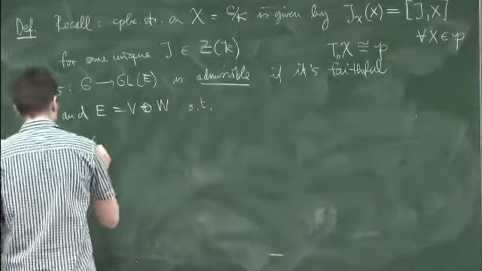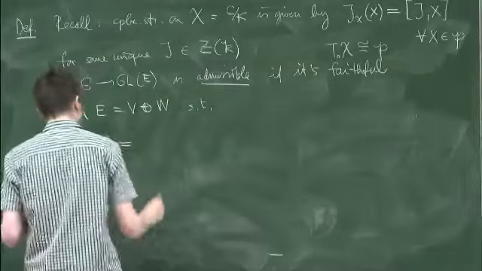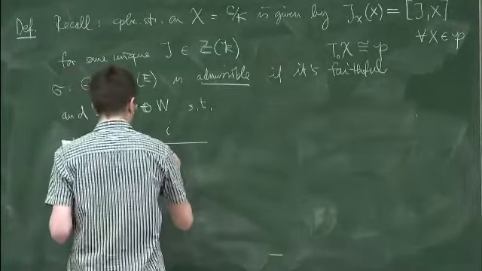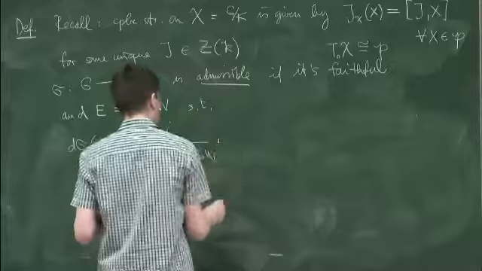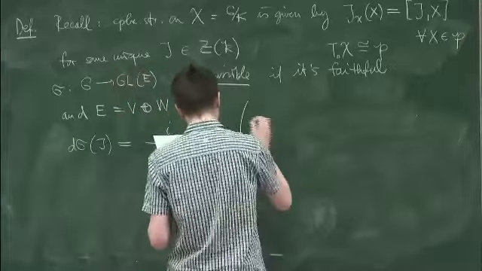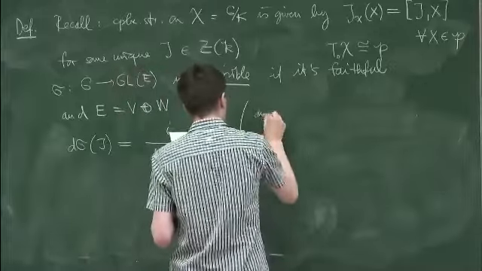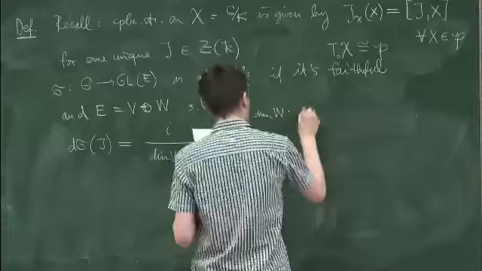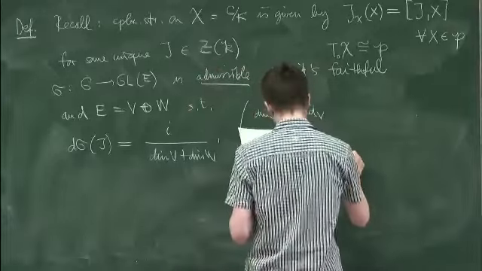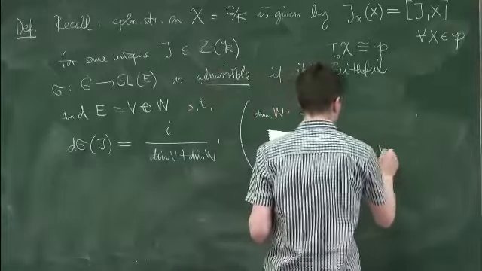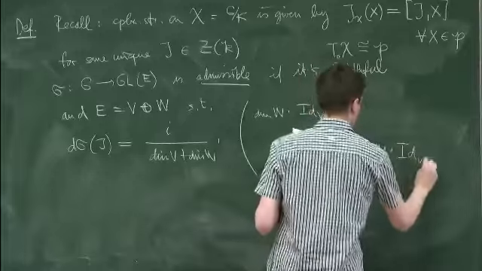The sigma of J is i over the dimension of V plus dimension of W times, in matrix notation, dim W times identity matrix on V, and minus dim V times identity on W.